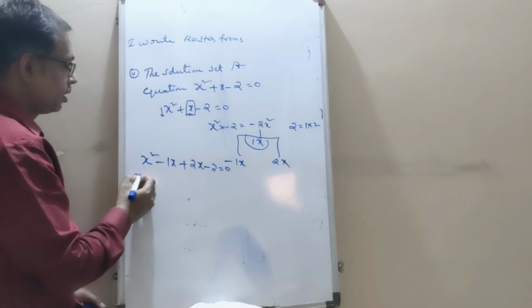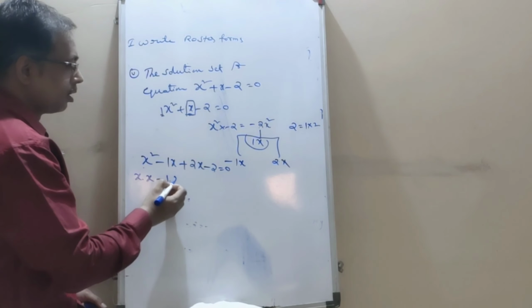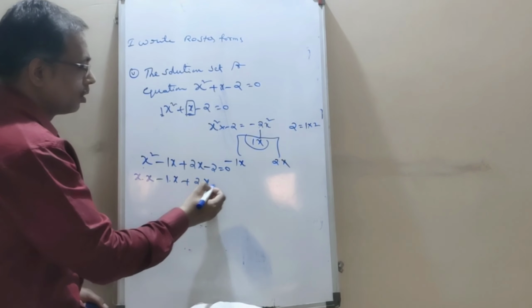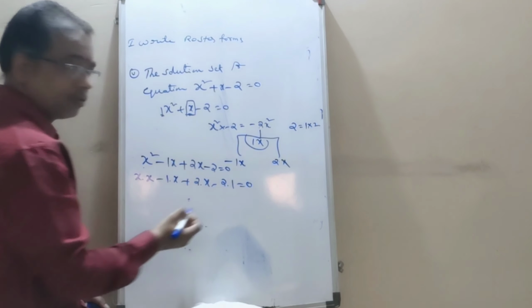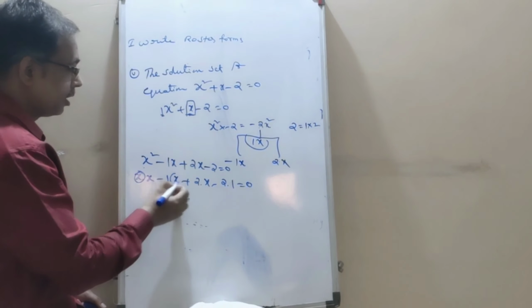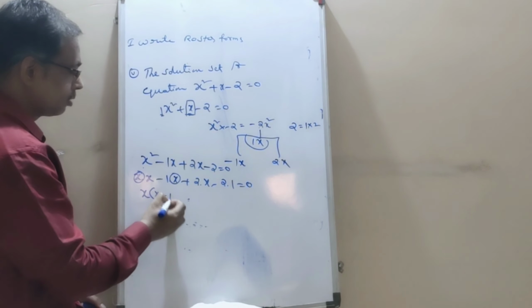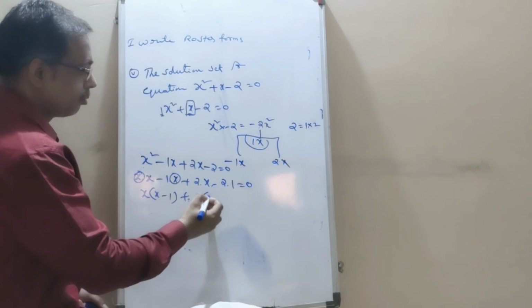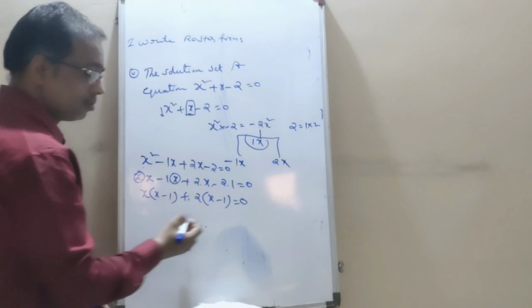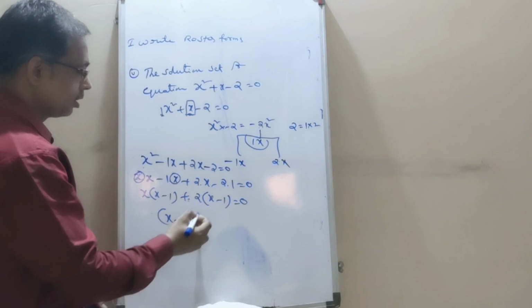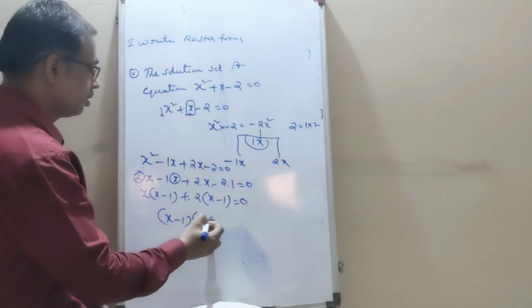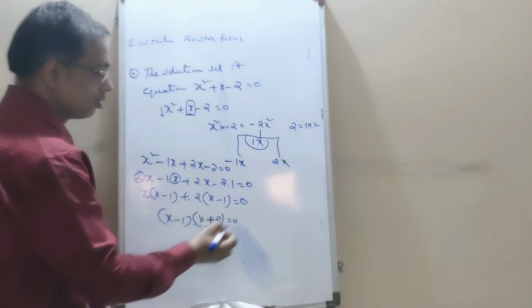So x square is x into x, minus 1 into x, plus 2 into x, minus 2 into 1, equal to 0. Here we can take x common from the first two: x into x minus 1, plus 2 common: 2 into x minus 1, equal to 0. And again x minus 1 is common: x minus 1 into x plus 2 equal to 0.